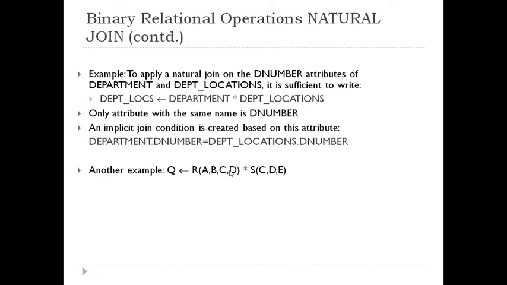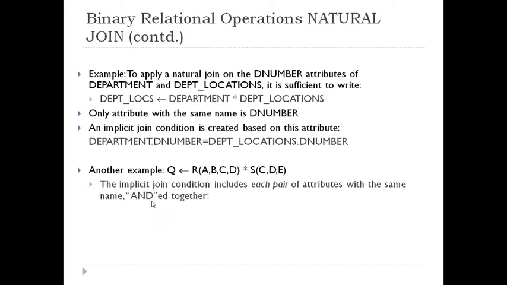It will check R.C equal to S.C and R.D equal to S.D. Like this, if more than one attribute has the same name, then it will apply the AND operation on the join conditions. The result will keep only one attribute of each such pair.